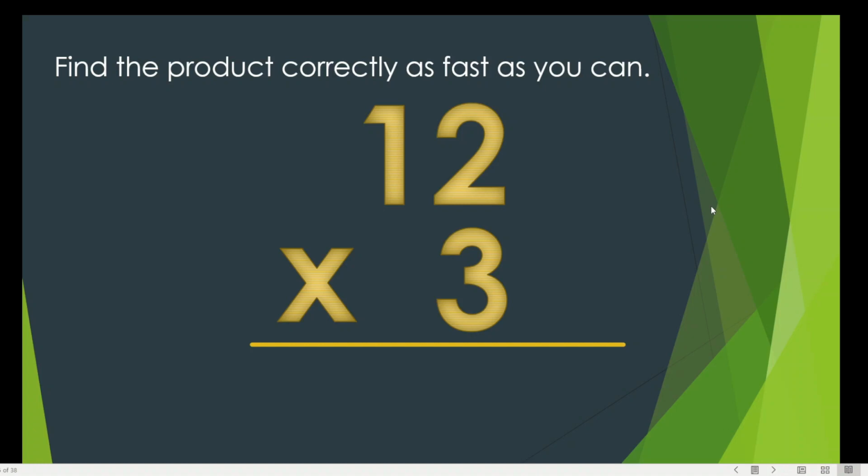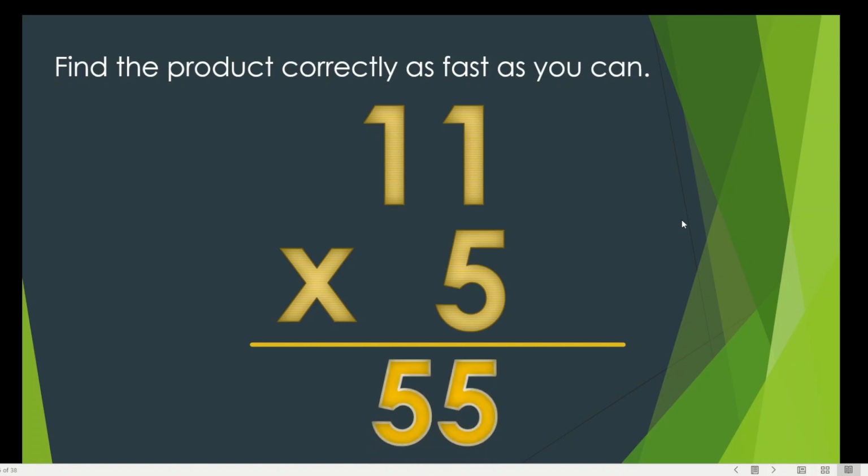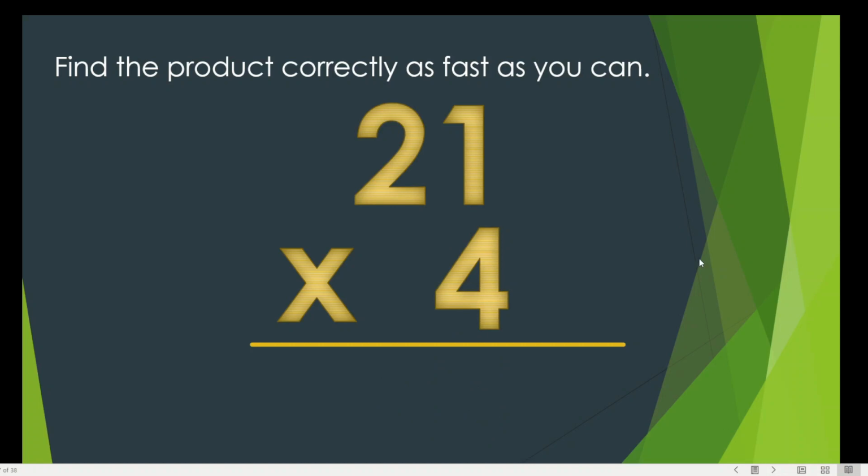So we have 12 times 3. The answer is 36. 11 times 5. The answer is 55. 21 times 4.